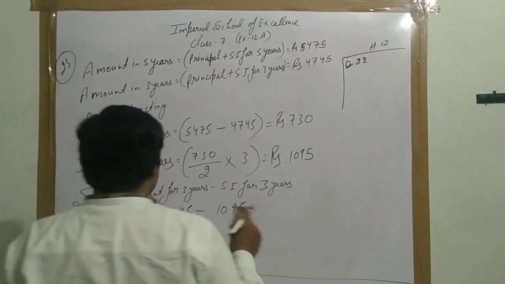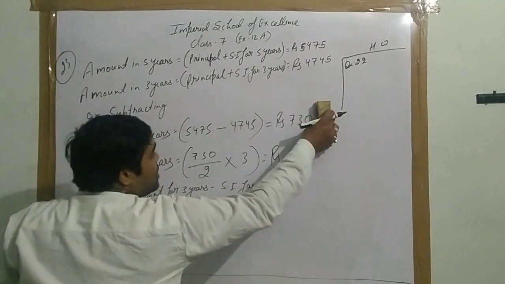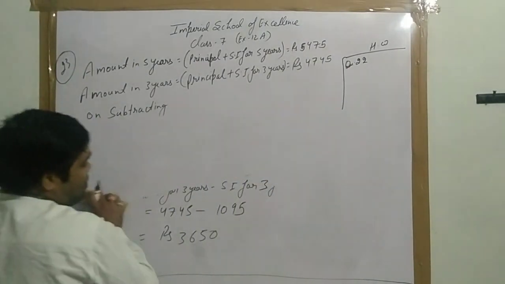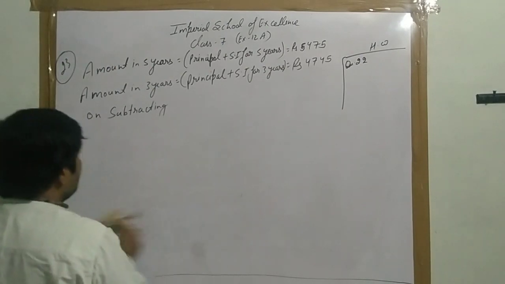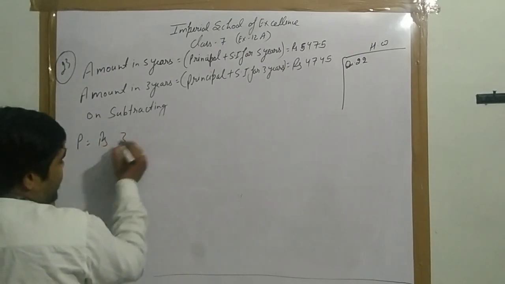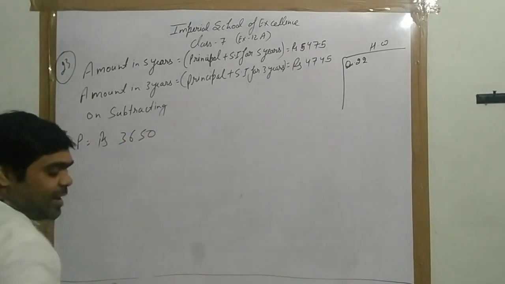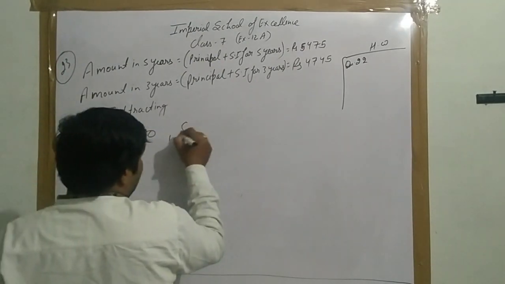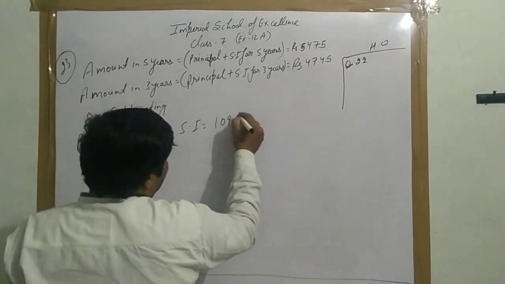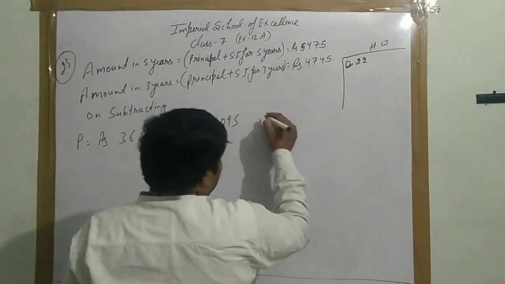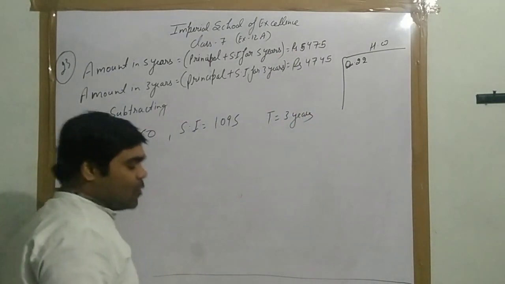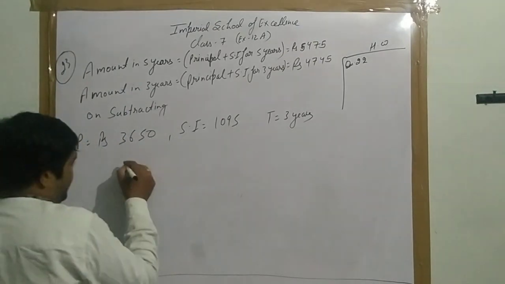Now your principal is rupees 3,650. We have found it just now. After that, SI is rupees 1,095. The time is 3 years. Now we have to find the rate of interest.